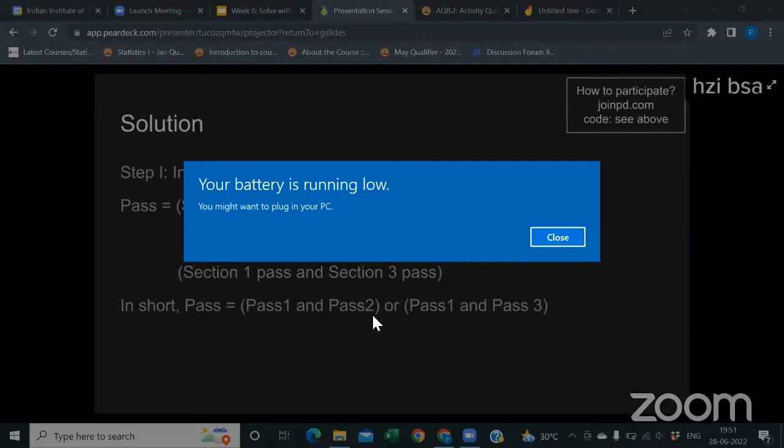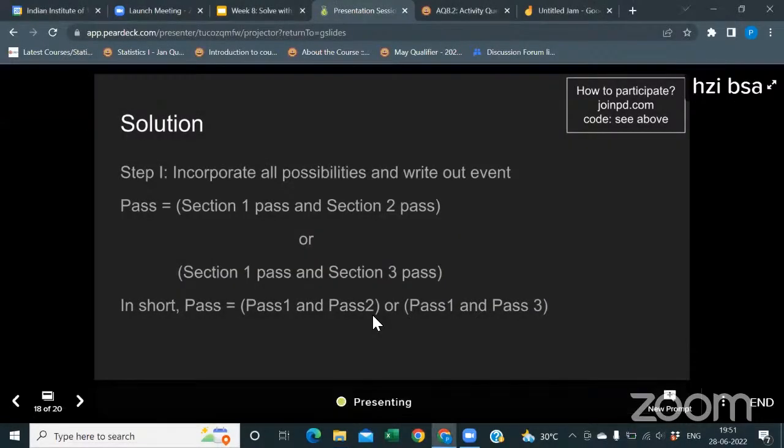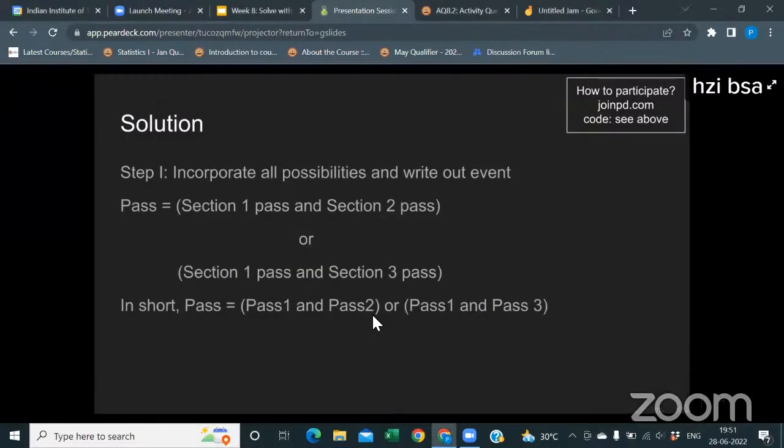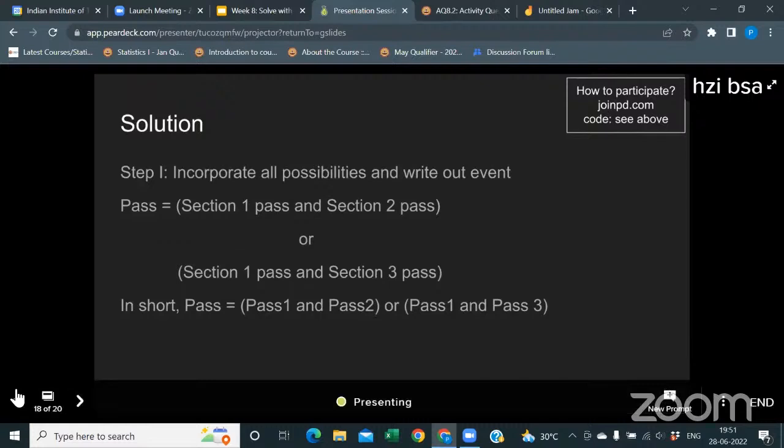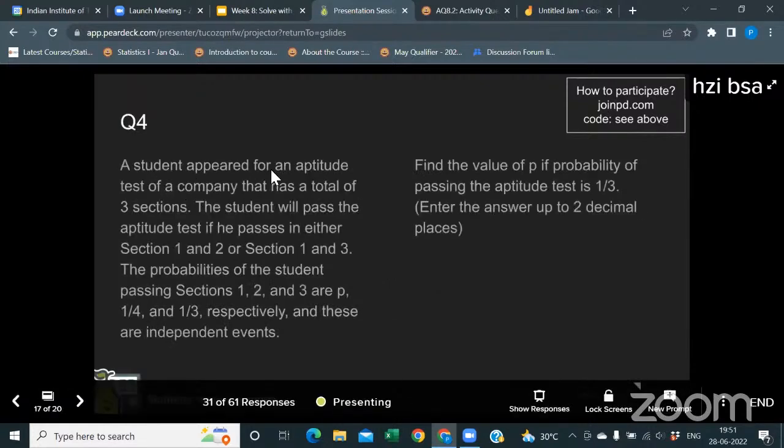Yes. So in the question, what is the meaning? You can calculate the probability of pass. That means he can pass. There is a condition: a student appears for an aptitude test, and the student passes the aptitude test if he passes in either section 1 and 2 or section 1 and 3, and the individual probabilities are given.